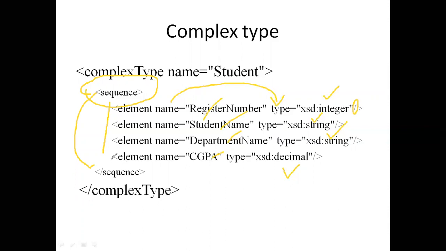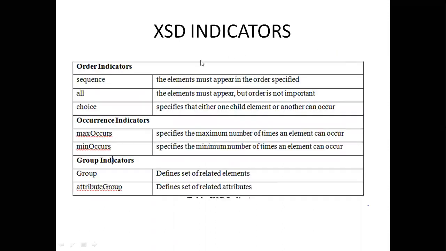So here we are discussing the structure of the XML document, not the XML document itself. We have discussed the structure of the XML document using XML schema definitions. After that, you close the complex type. So here we have discussed some of the order indicators.